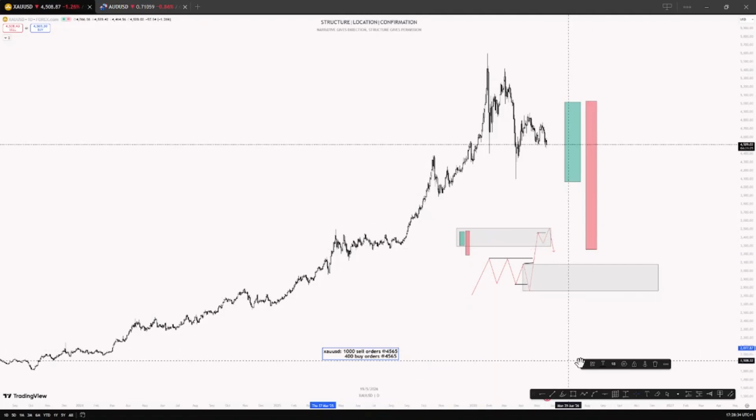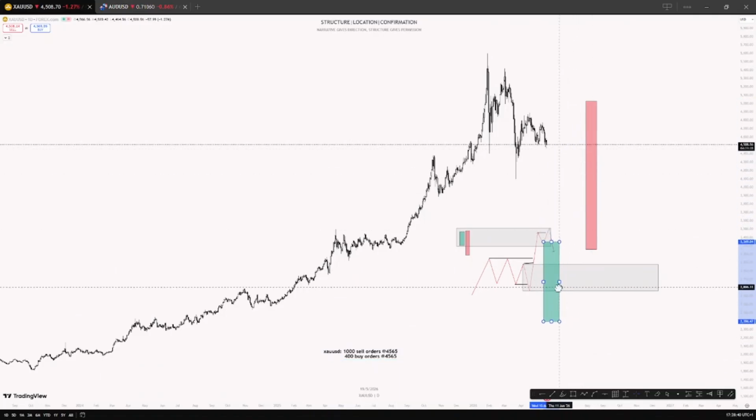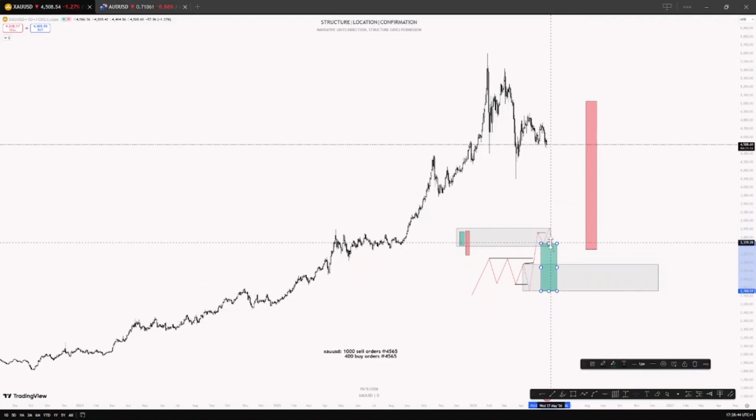At this point, this move coming in right here, this exact move, this push from this low, add buy orders. And then at this exact point, inside of this supply, we have 1,000 unfilled sell orders.